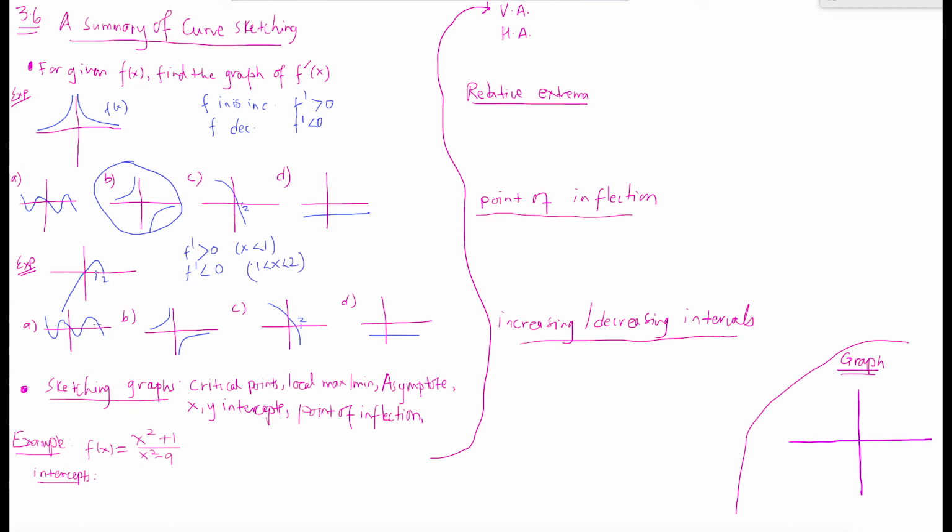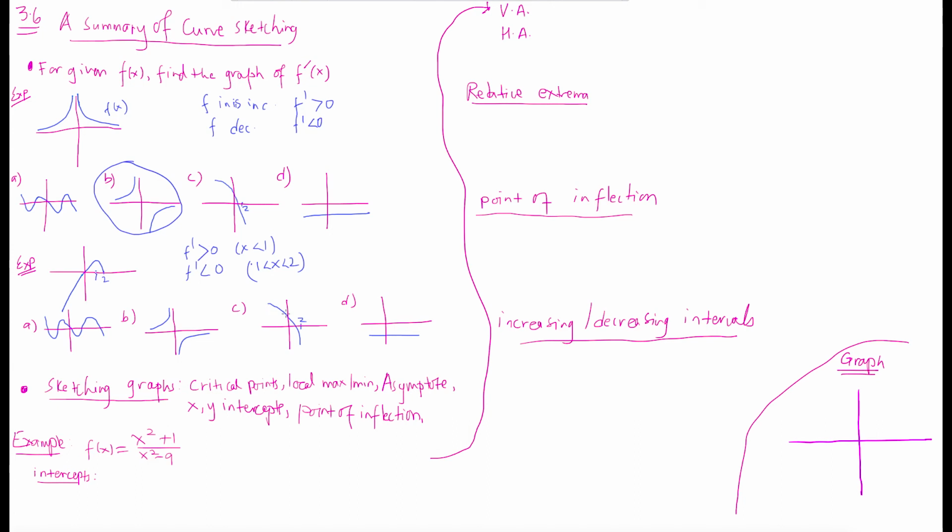Let's see which graph matches this. On this graph f prime is positive and then negative as well, left of 1, right? So this is not the right graph. How about this one? F prime is positive left of 0, but we need f prime positive left of 1, because it is increasing up to 1. So this is not the right graph. How about this one?